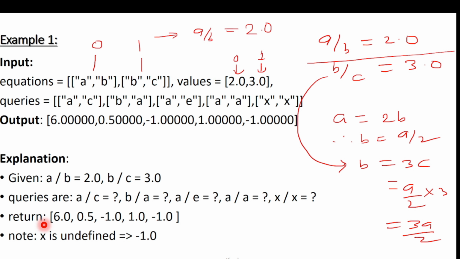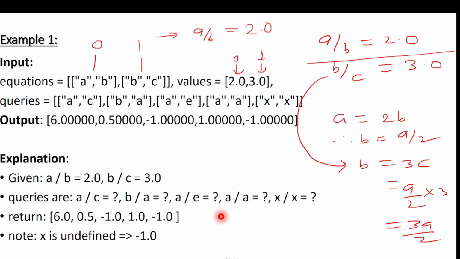Similarly, b by c equals 3.0. For the queries, we divide a by c, and similarly all the others, and we represent them like this. If a variable is not given, like e, it is undefined, so we will mark it as -1.0.